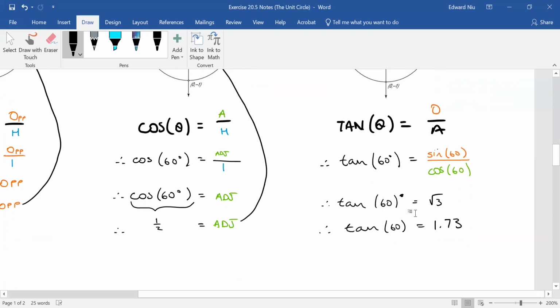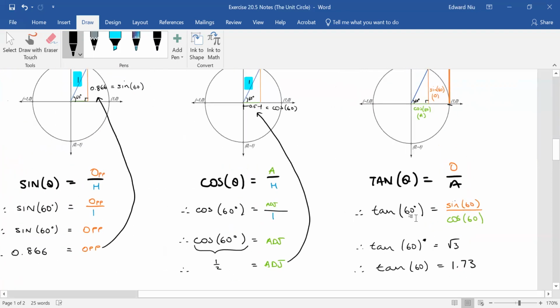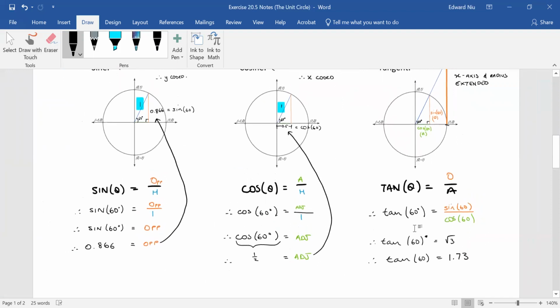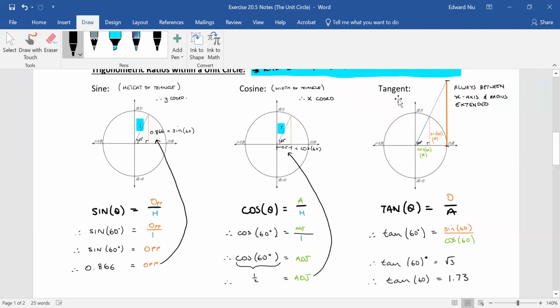So that's why when you look at these answers, you can sort of pass the eye test. Here we've got the tangent. This tangent in orange looks bigger than 1, way bigger than 1. The hypotenuse here is 1, and that's the radius. Because the tangent is outside of the circle, it's bigger than 1, and 1.73 looks pretty much spot on.